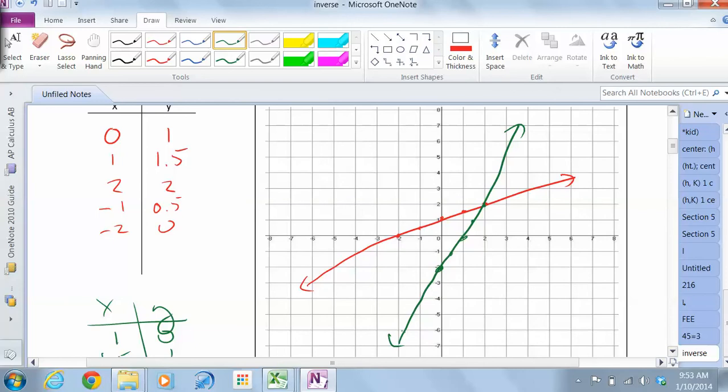Now, here's kind of an essential question. What do you notice between the red and green lines? It may not be very obvious, but what if I drew, actually let me erase that one sec.